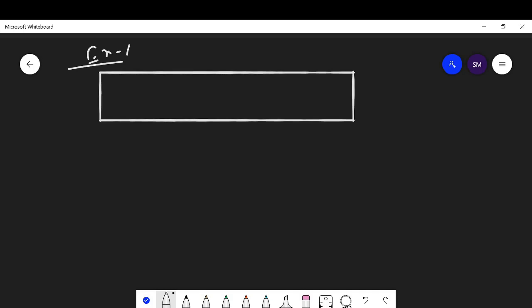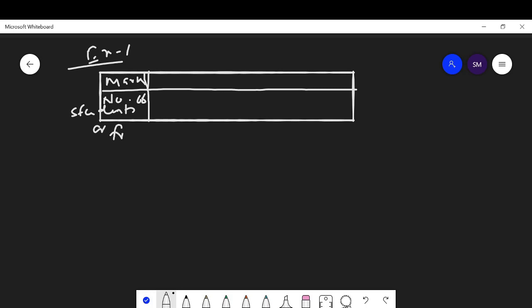Here the given data shows the marks, and the number of students or frequency. The marks scored by 100 students in an entrance test.